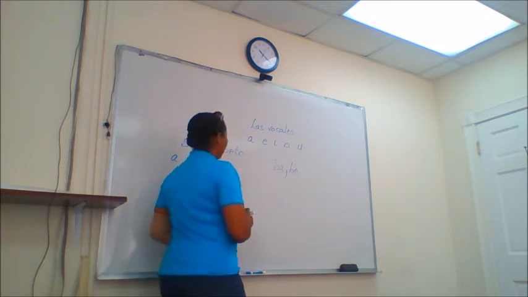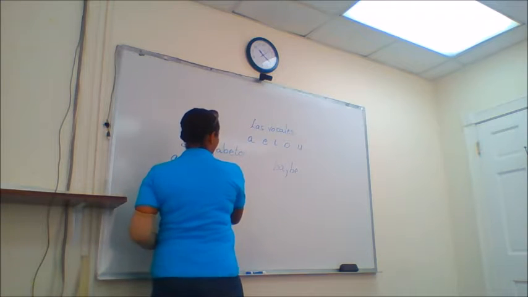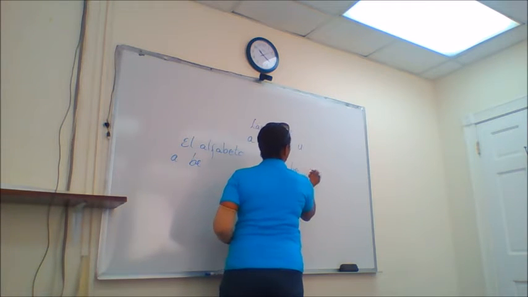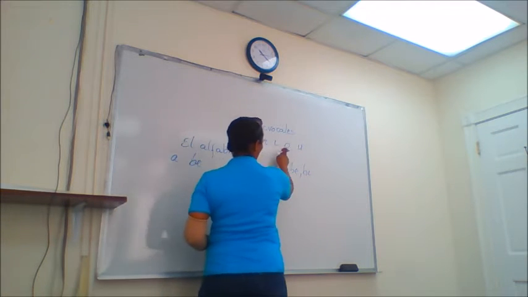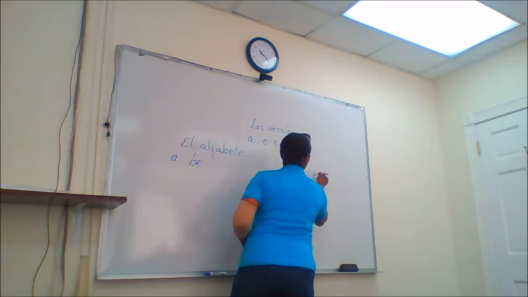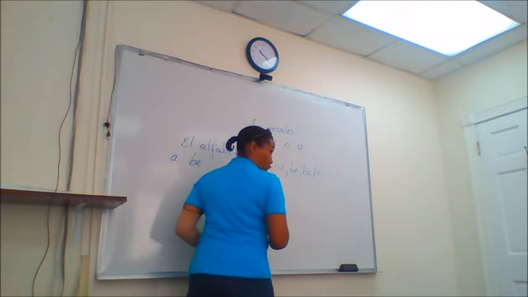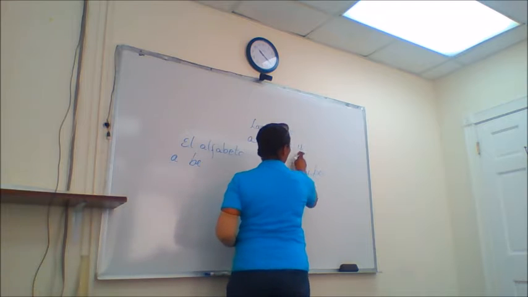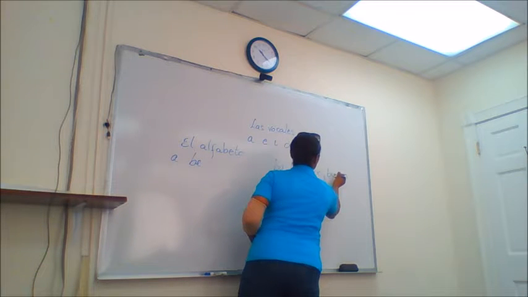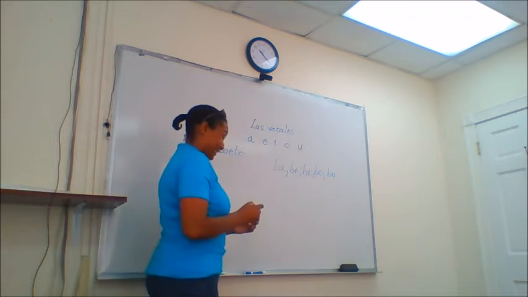And B with the letter E makes be. B with the letter I makes bi. B with the letter O makes bo. And the letter B with the letter U makes boo.